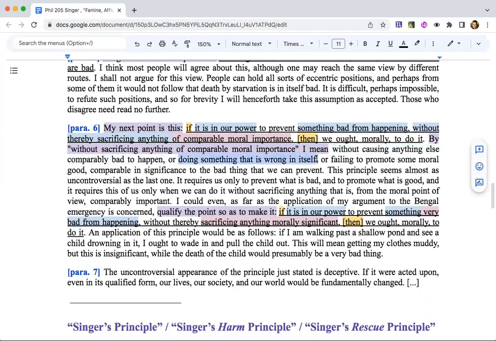Or what's a way that in order to prevent something bad from happening, you'd have to do something wrong in itself? The principle does not require that. That would be to sacrifice something of comparable moral importance. Or what is an example where in order to prevent a bad thing from happening, you give up an opportunity to do something that is equally good? Because that would also be a sacrifice of something comparable and would not be required. In this case, it would be a choice.